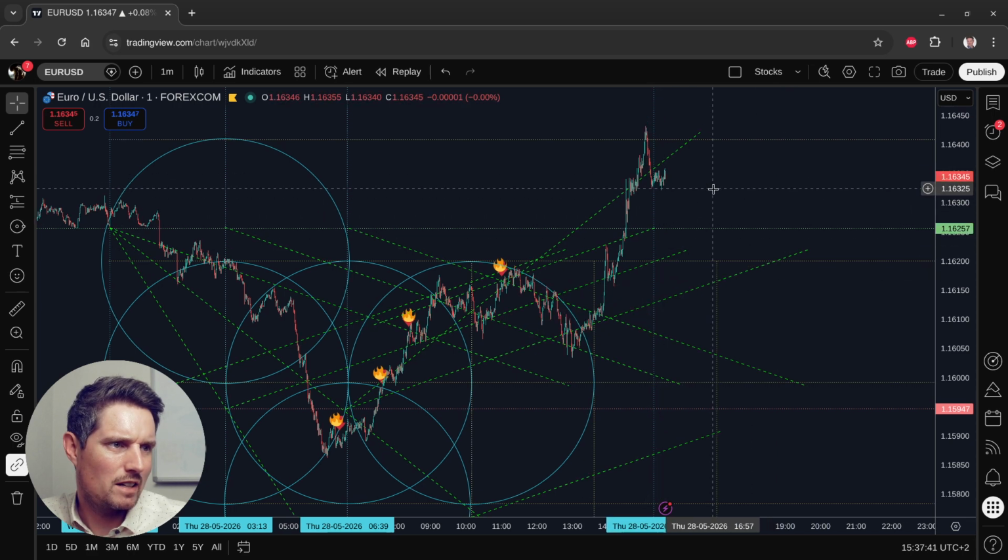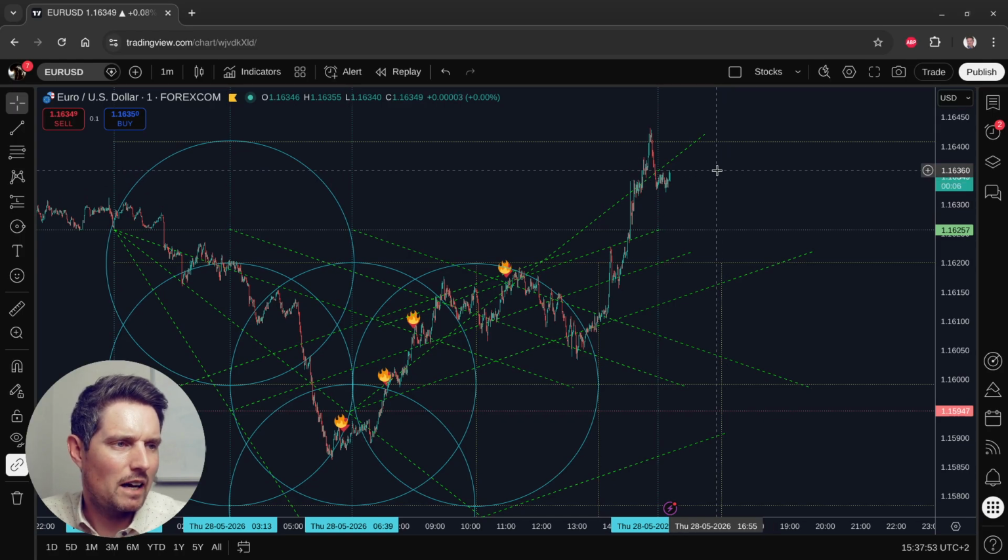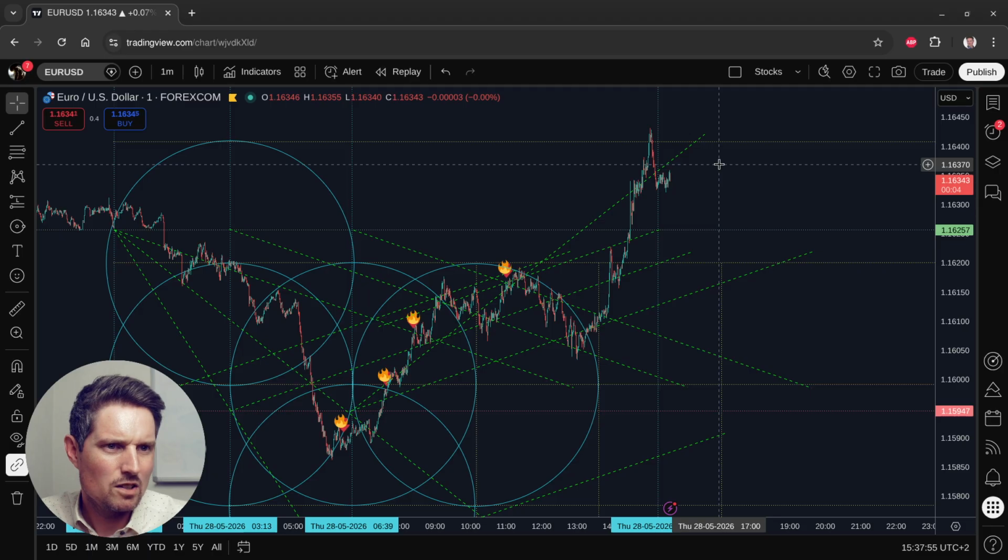This day separator is kind of, you could say, an end of business mark. Sometimes you will get some retracement action or some corrective action, but in this case, I don't think it's really worth mentioning.